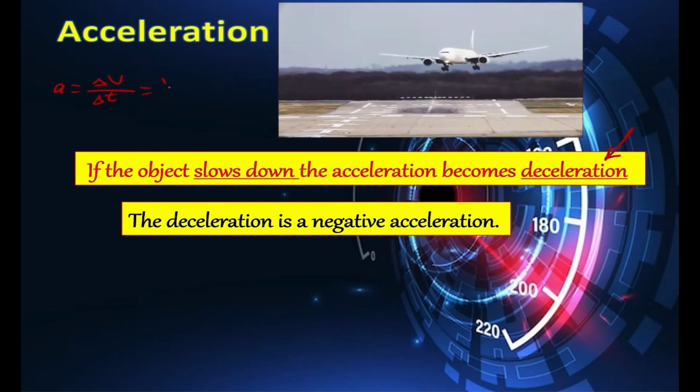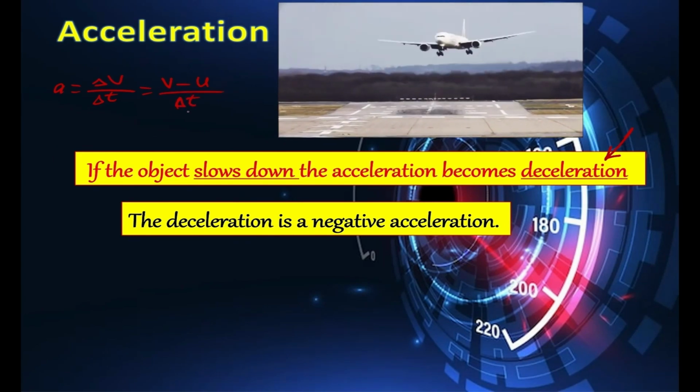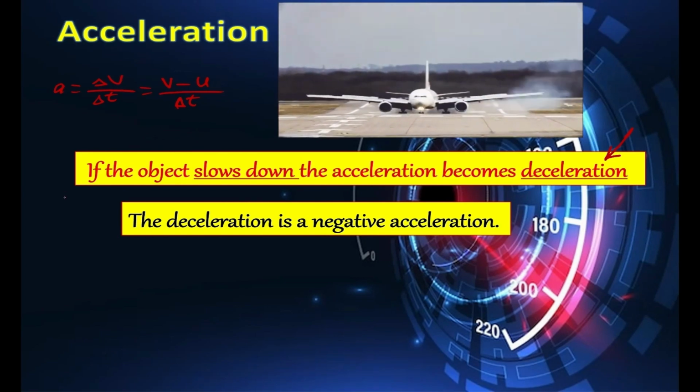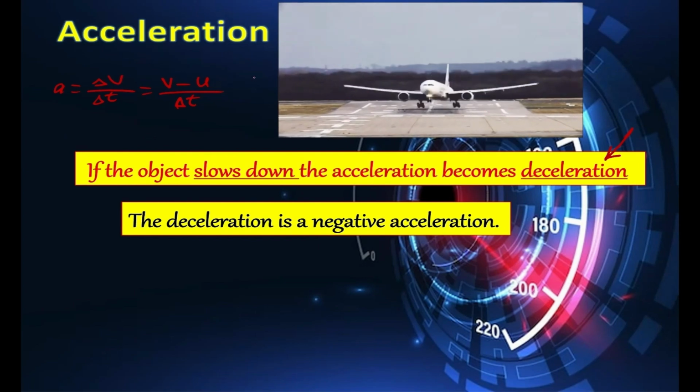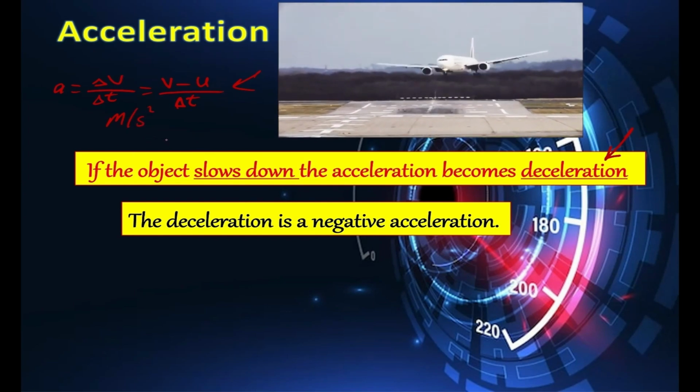In this case, we'll get the final velocity minus the initial velocity over the time interval. So whatever the acceleration, if it is positive acceleration or negative acceleration, which is deceleration, we'll use this. The same unit, of course, meter per second squared. The only difference is the deceleration has a negative sign.